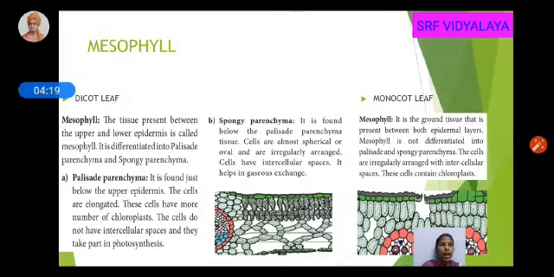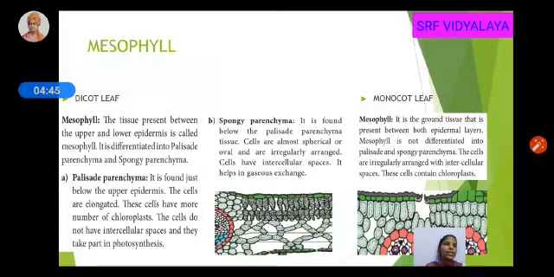The cells are elongated and they have a large number of chloroplasts. The cells do not have intercellular space. The Palisade Parenchyma cells are arranged closely to each other and they take part in photosynthesis.